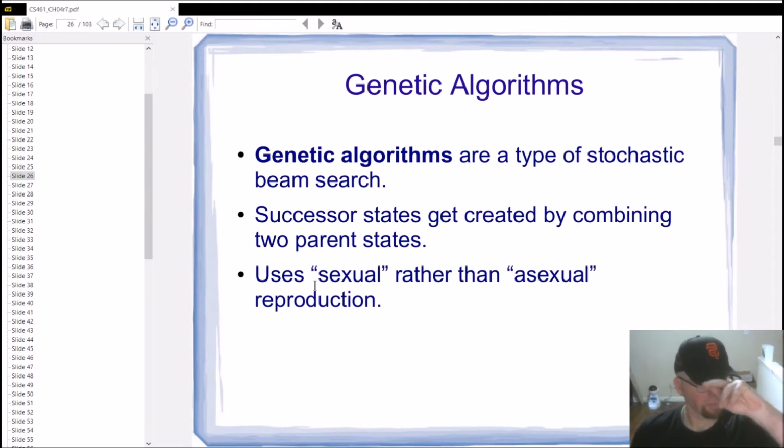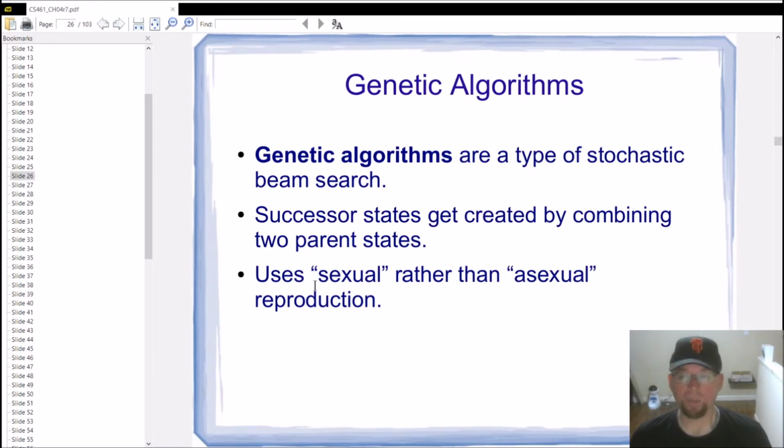But here, instead of just having one node give way to one node, new nodes are going to be generated by two parent nodes. Two of those states, maybe I should say that instead, because we're not necessarily going to need nodes here, are going to combine and exchange information.